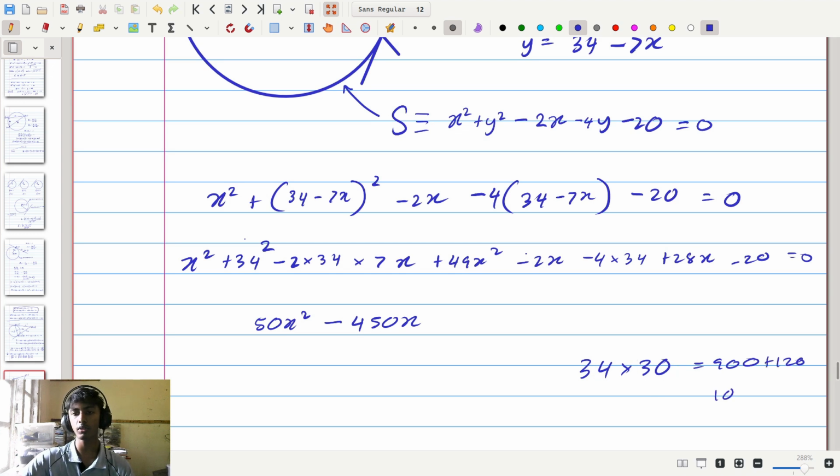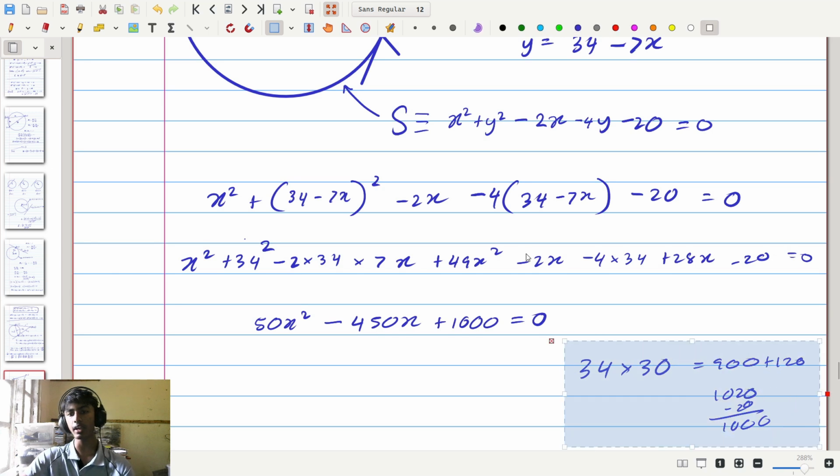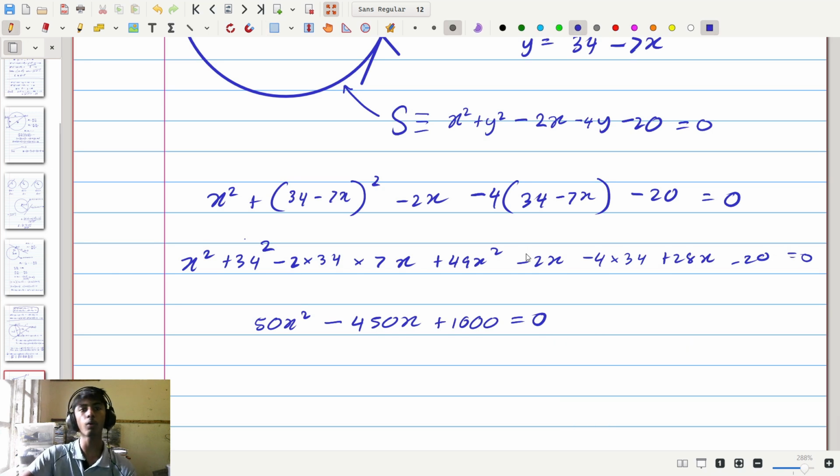So we have a total of 1020. This minus 20 from that will give us a total of 1000 as the constant term. So our constant term here is 1000. So we have plus 1000 equal to 0. Now at this point we can notice that this quadratic equation can have all of its coefficients divided by 50, because here this has a factor of 50, this has a factor of 50, and this also has a factor of 50.